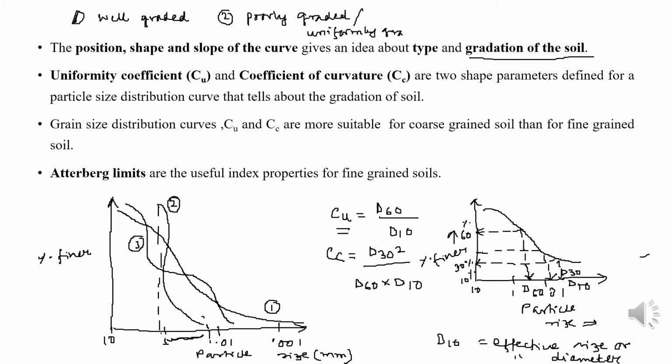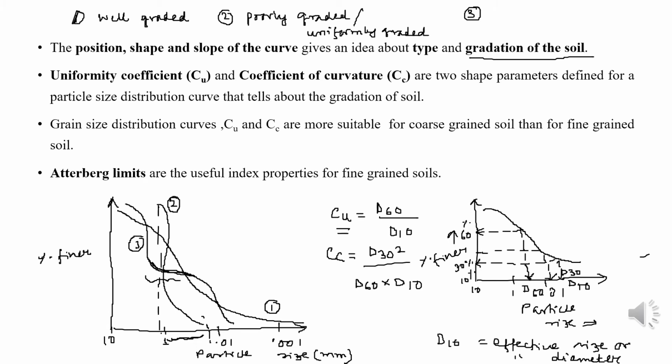Next, type 3 soil as represented in the graph, we observe a very flat portion, right? We see this flat portion of the curve. So this flat portion represents that some of the intermediate size particles are missing. That is, for this range of particles, the percent finer is almost the same.